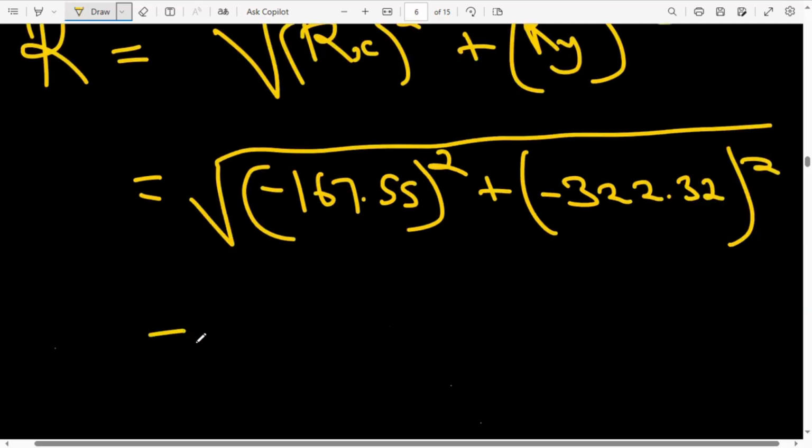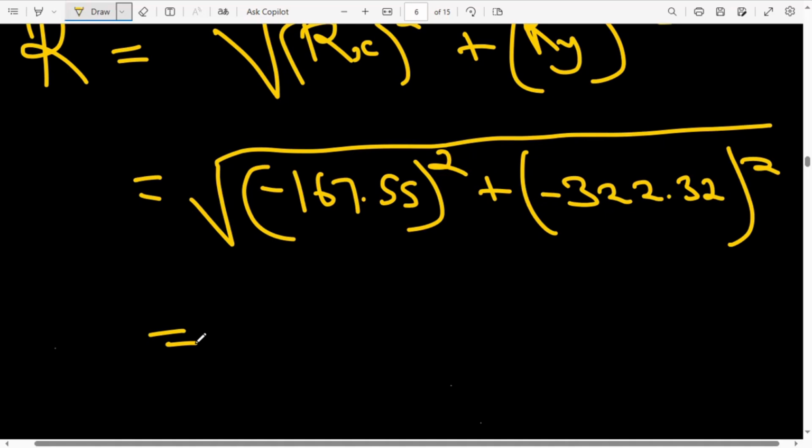Just punch this into your calculator: square root of, open brackets, minus 167.55 squared plus another open brackets, minus 322.32 squared. Then answer.